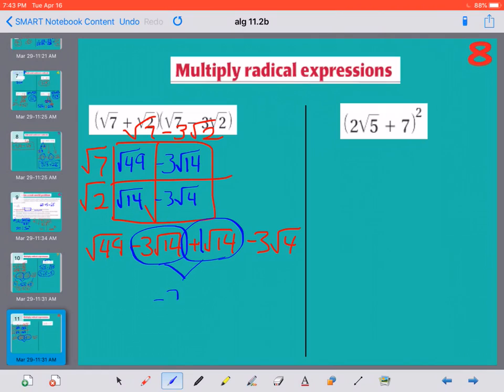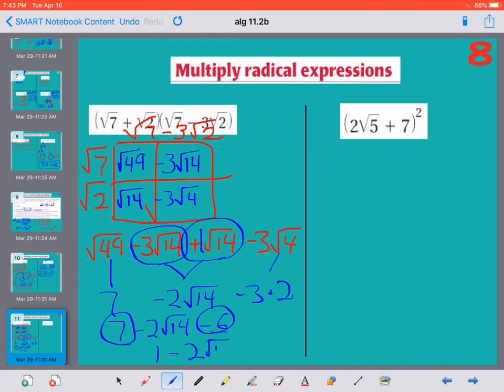When we do that, we get a negative 2 times the square root of 14. The square root of 49 is 7. And we can do negative 3 times the square root of 4, which is 2. So we'll get 7 minus 2 times the square root of 14 minus 6. Add these two together, and we'll get 1 minus 2 times the square root of 14.